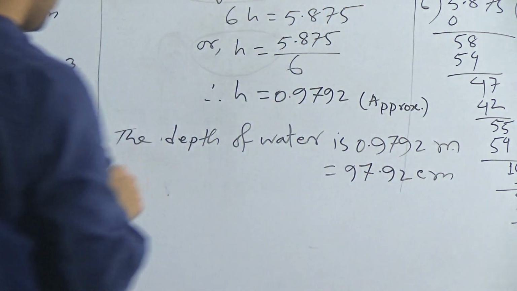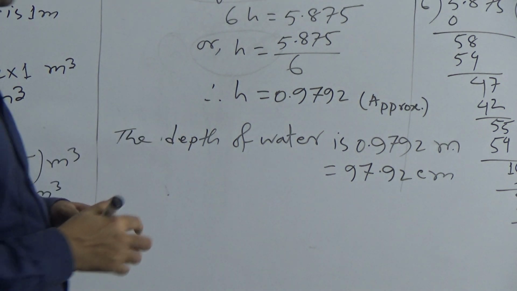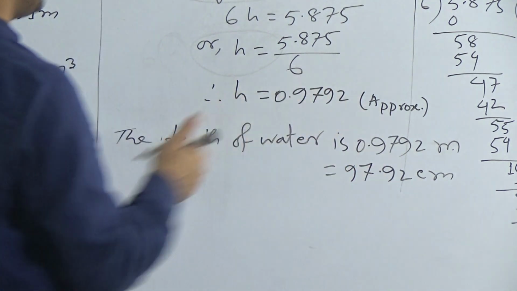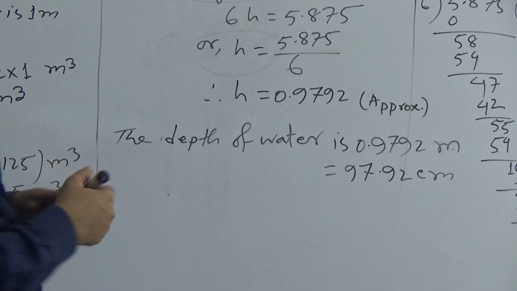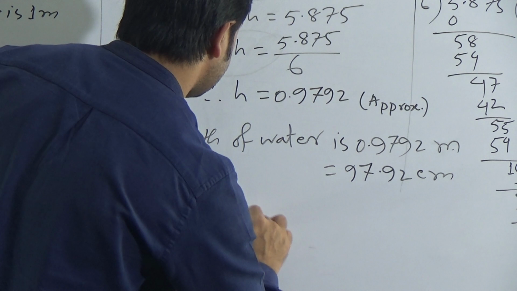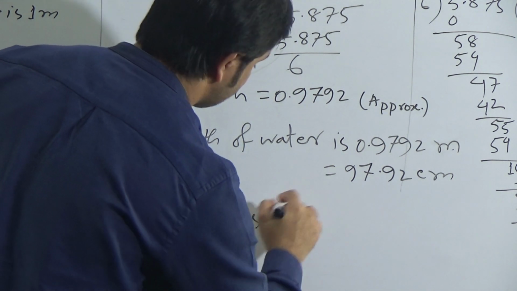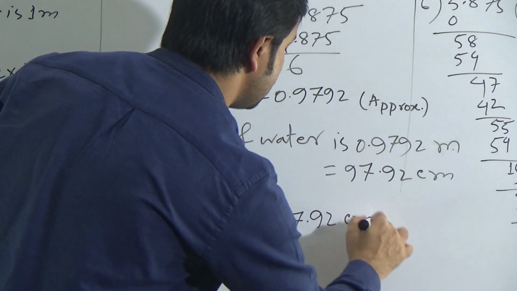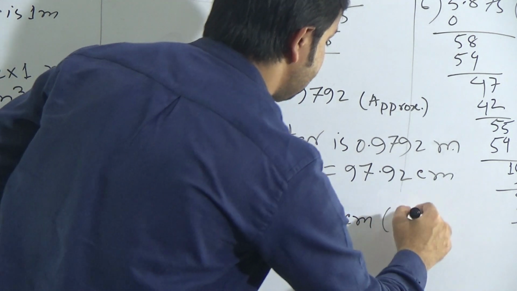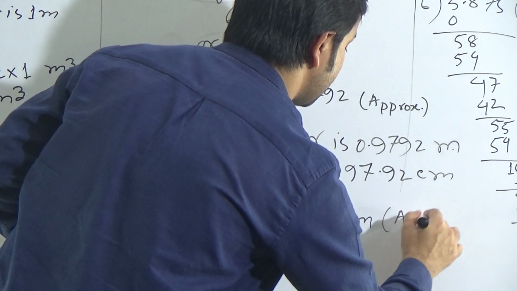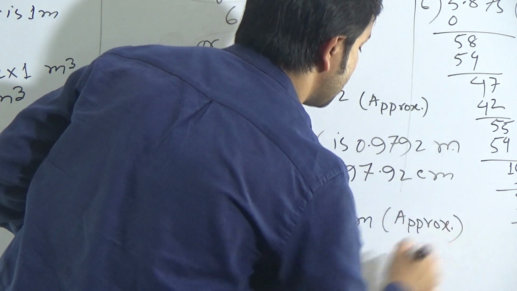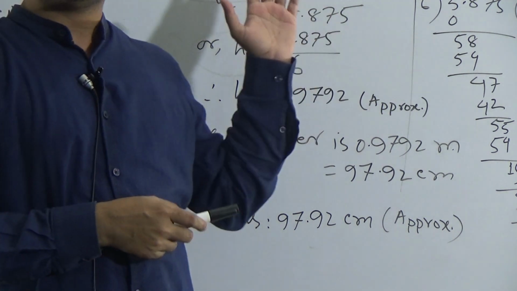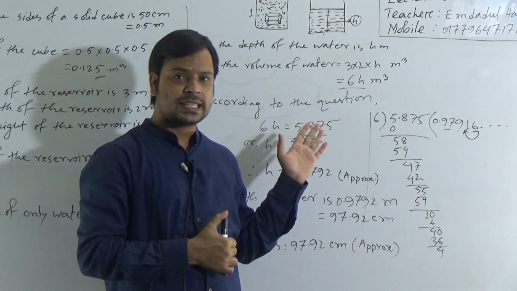So we can say our required answer for this question is 97.92 centimeter. This is our approximate value, not the exact value. So we can write the answer here, 97.92 centimeter. It will be better to write approximate value.